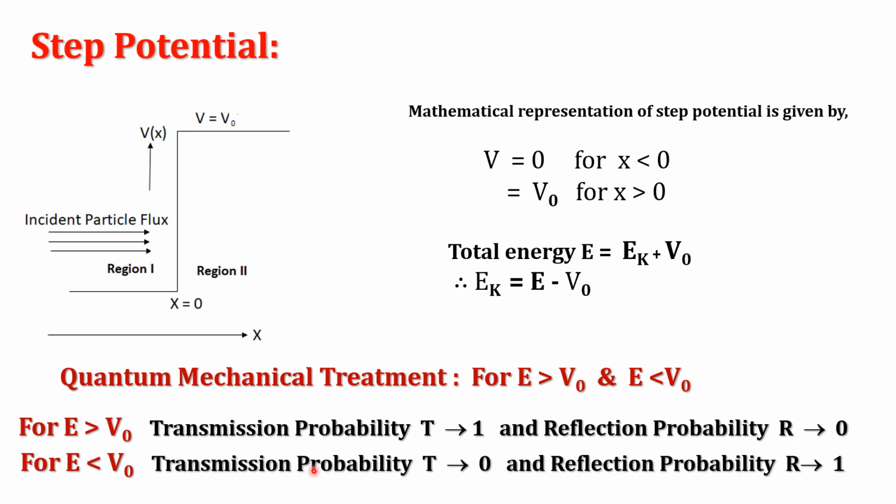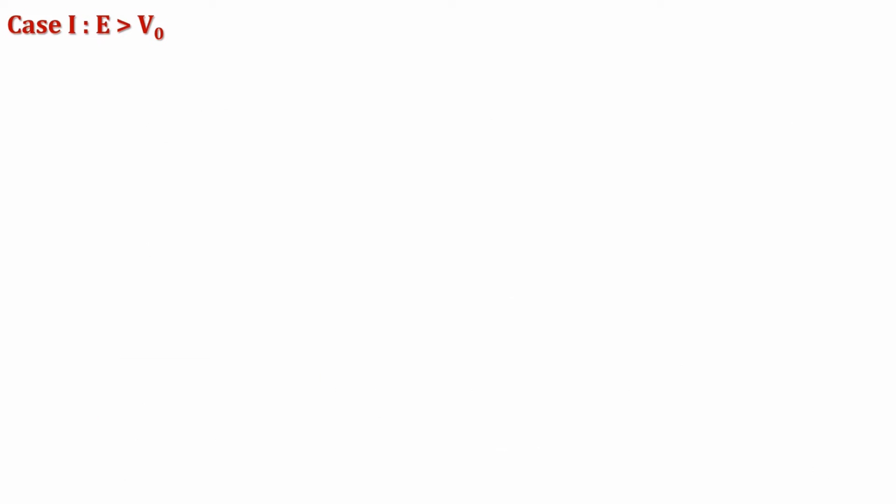Such two cases we have to study in detail by using the Schrodinger steady state equation for E greater than V0 and E less than V0. Firstly, we explain the case E greater than V0, that is, the total energy is always greater than the height of the potential barrier.